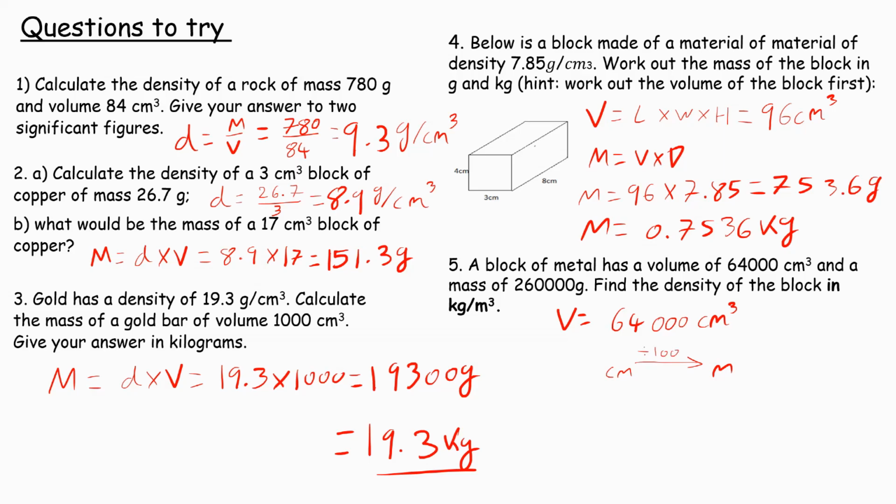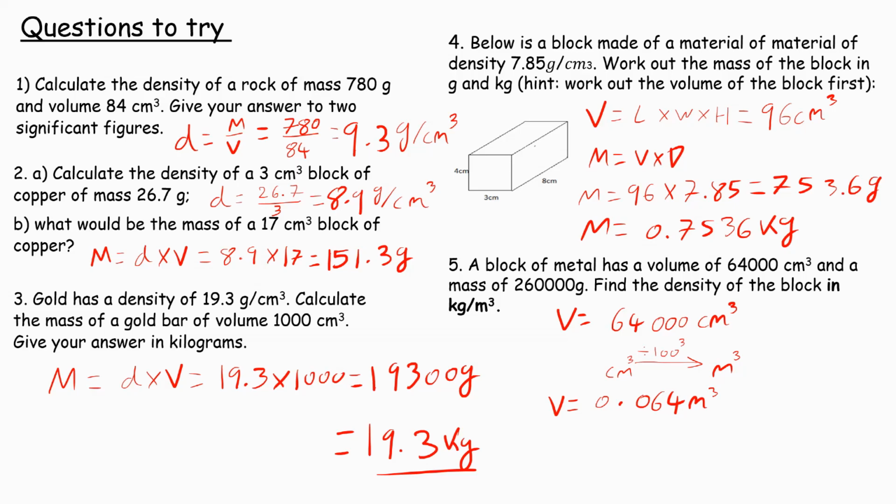So to go from centimeters cubed to meters cubed, we divide by 100 cubed, which is just a million. So we need to change 64,000 centimeters cubed into meters cubed, we need to divide it by a million, which will move the decimal point back 6 places, giving me 0.064 meters cubed.